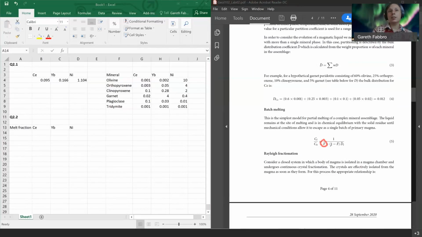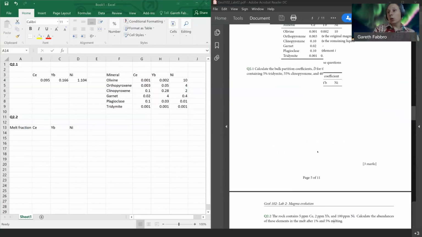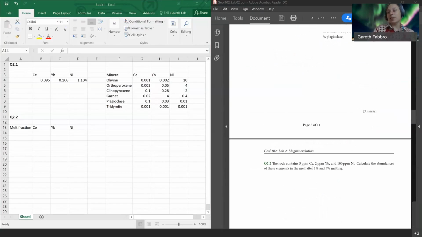The question gives you a percent of melting. You need to turn that into a fraction. And again, this is why it's important to show your working. If you calculated it using a percentage instead, you'll lose a mark for not converting it, but you get all the rest of the marks for the question. Because I can see, oh yeah, you did use the right equation, you calculated it correctly, you just forgot a little bit. So the melt fraction will be 0.01.